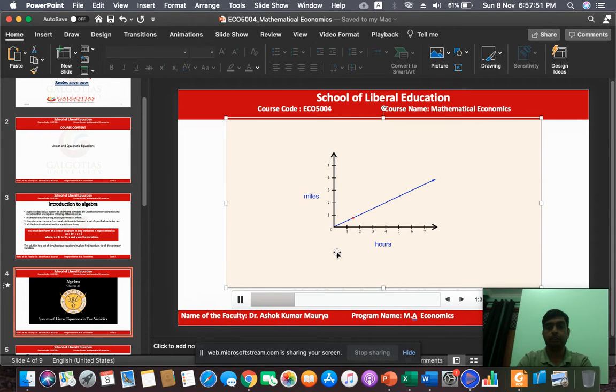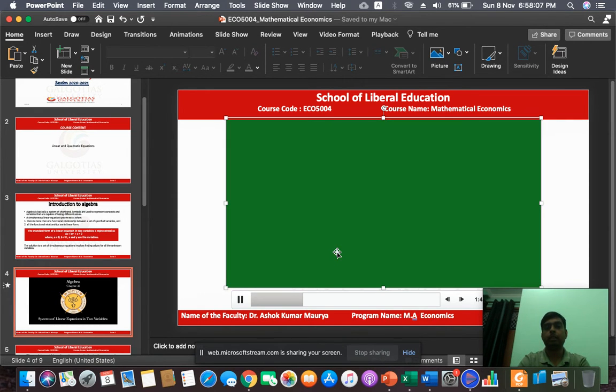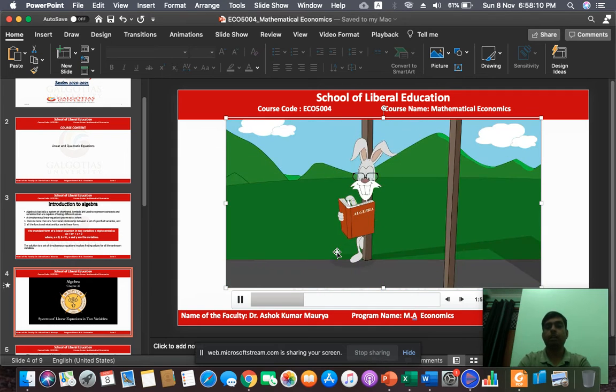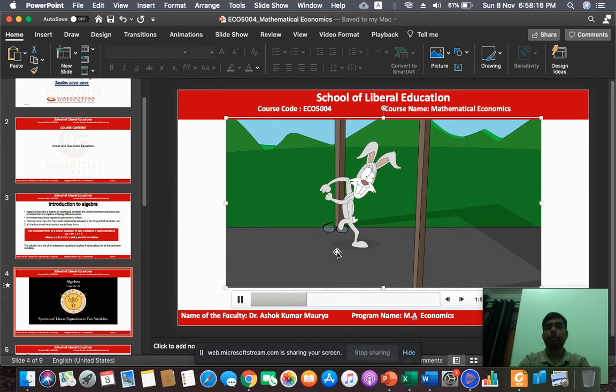In this story, the tortoise started its race from the beginning of time, from zero, and the speed of the tortoise is half a mile per hour. Here we are seeing the straight line of the race of the tortoise.